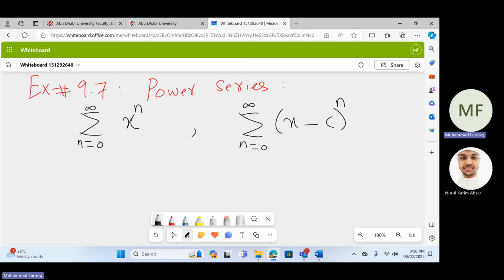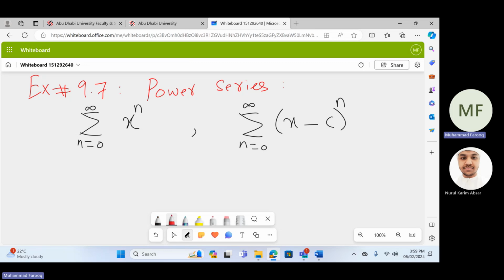Actually, this power series is centered about c, and this power series is centered about zero, because there is no point here.